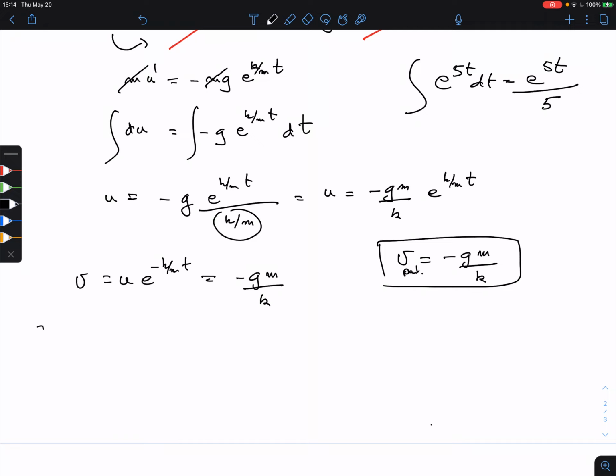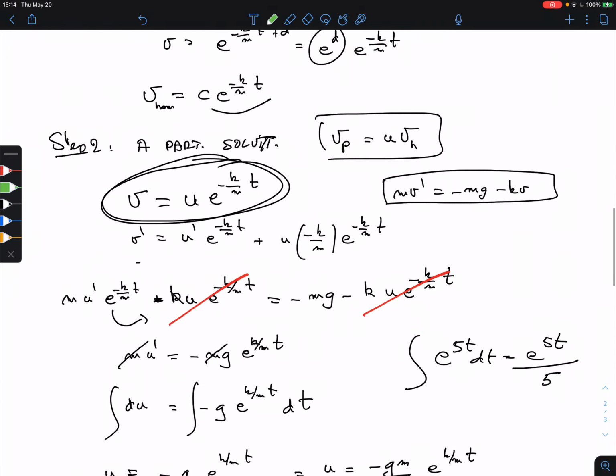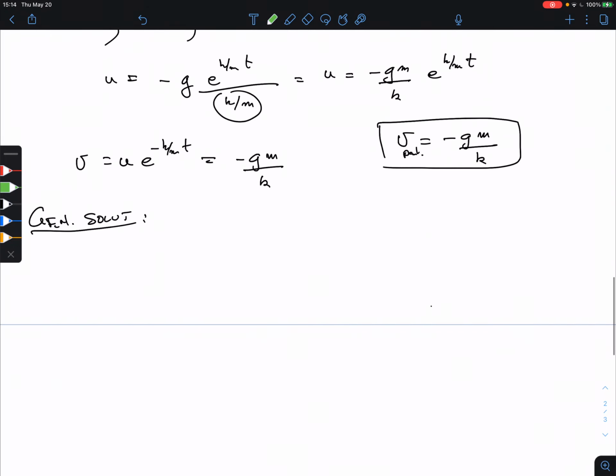So the general solution, again, what is the formula? I do it in green, the formulas. I should have done this formula in green too here. This was a formula, right? The formula is that the general solution is the general homogeneous solution plus the particular solution. So let's write down what all this is. So v is equal to, the particular solution is minus g m over k.